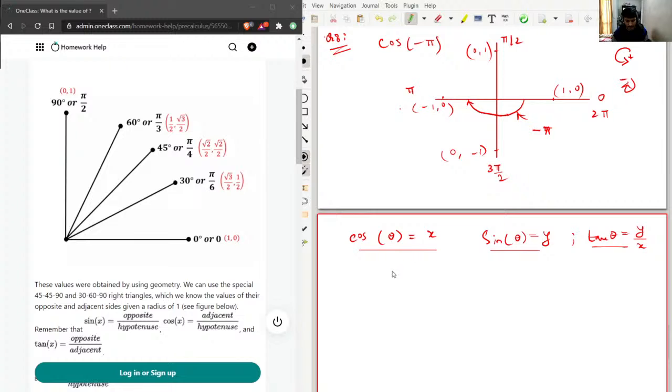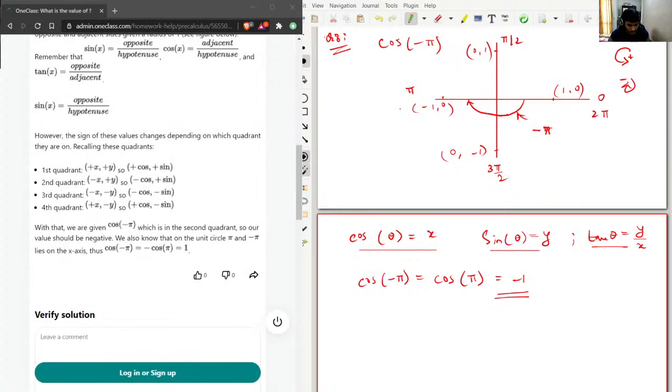So calculating cosine of minus pi, it is nothing but cosine of pi only, which is the x coordinate here, -1. So the cosine of negative of pi should be -1.